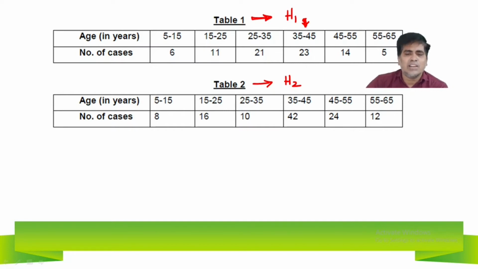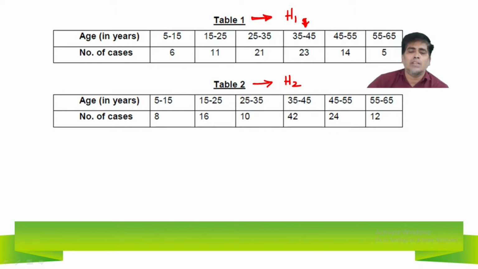Come to the second hospital. In the age group 5 to 15, 8 members are admitted; 15 to 25, 16 members; 25 to 35, 10 members; 35 to 45, 42 members; 45 to 55, 24 members; 55 to 65, a total of 12 members are admitted.